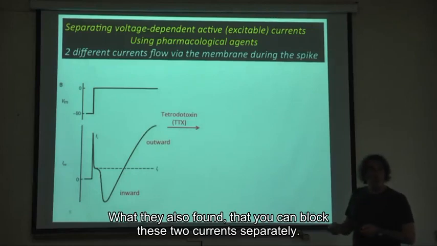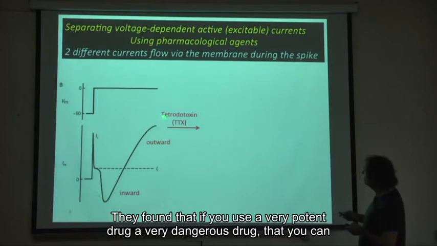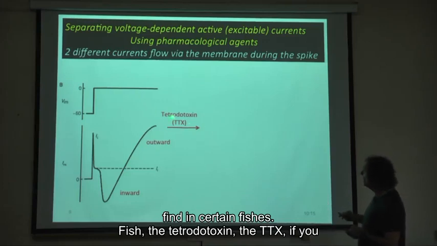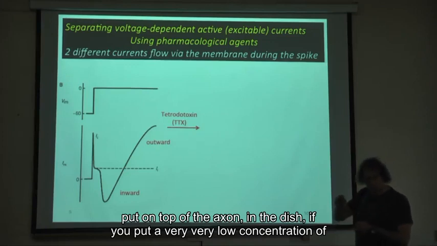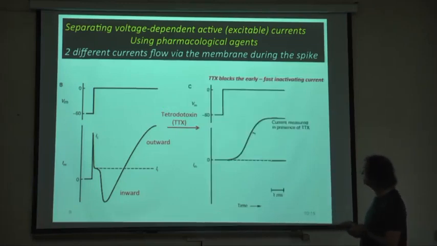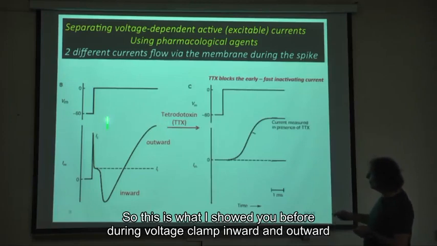What they also found is that you can block these two currents separately. They found that if you use a very potent drug, a very dangerous drug that you can find in certain fishes, the tetrodotoxin, the TTX, if you put on top of the axon in the dish a very, very low concentration of this TTX, you can get rid of one of those currents. So this is what I showed you before.